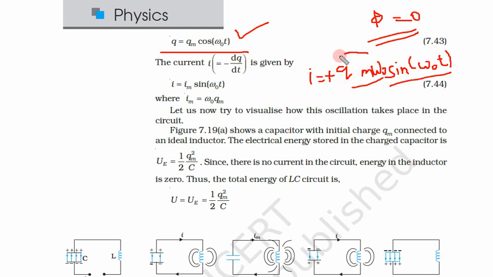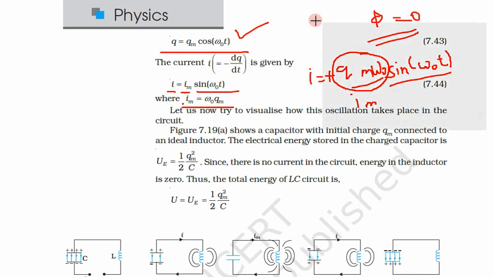We write this Qm omega 0 as Im, the maximum current. So I is equal to Im sine omega 0 t, where Im is equal to Qm omega 0, or omega 0 Qm.